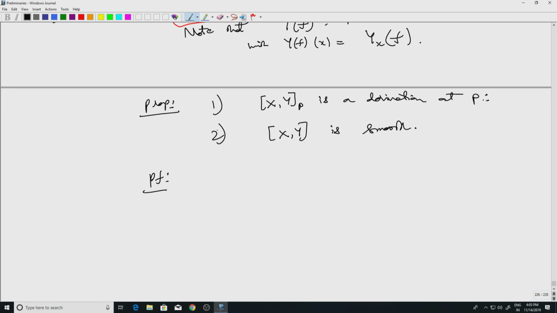So to check, let f, g belong to C infinity of M. So what I want is for the Leibniz rule to hold. So I want [X,Y]p acting on fg.